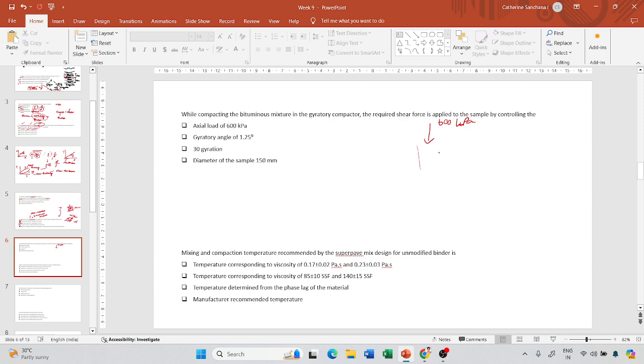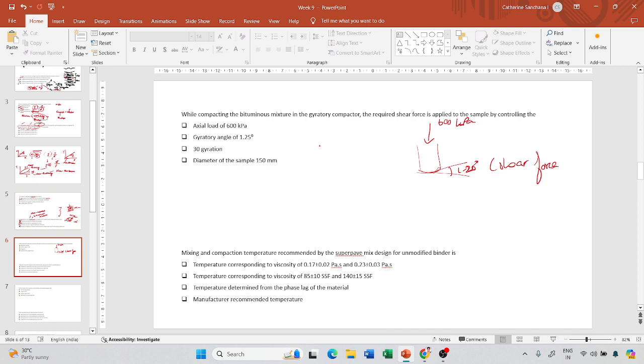The compactor will have an angle of 1.25 degrees, okay. So it will keep moving in this angle, which will offer the shear force, okay. The number of gyrations is the number of rotations, okay, and the diameter of the sample.